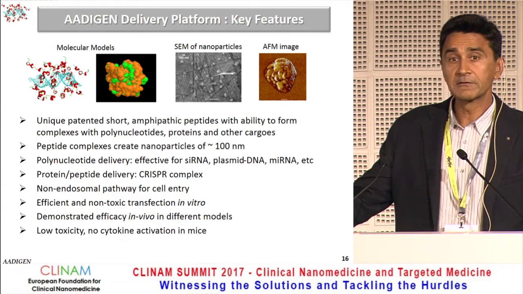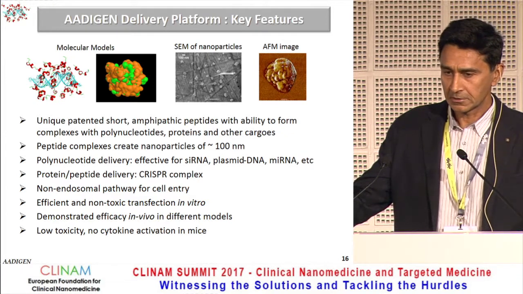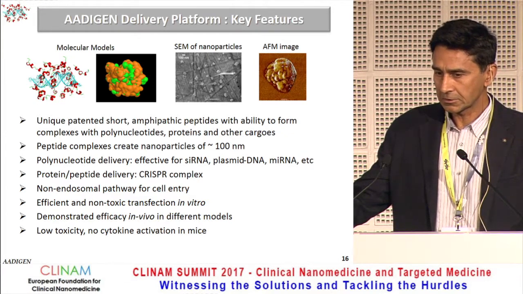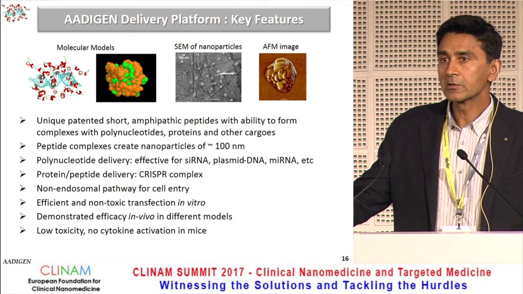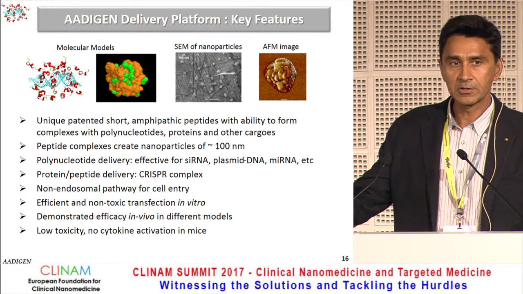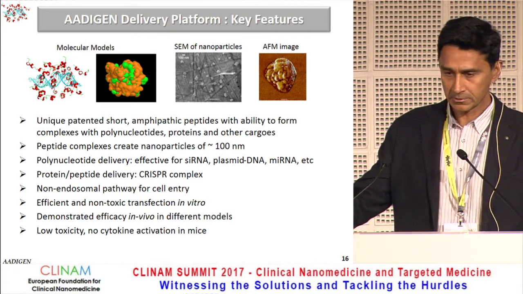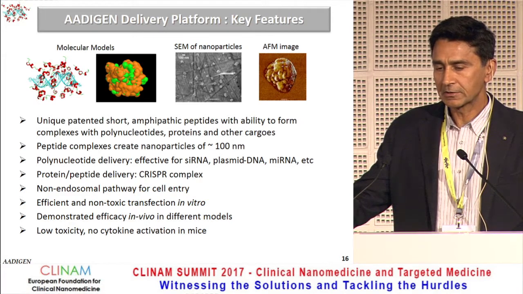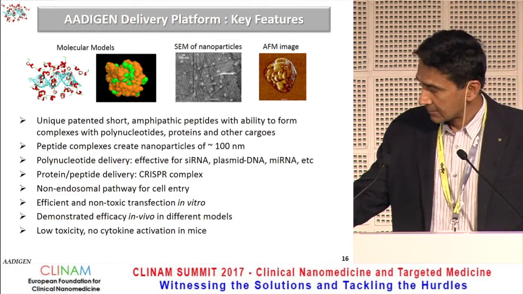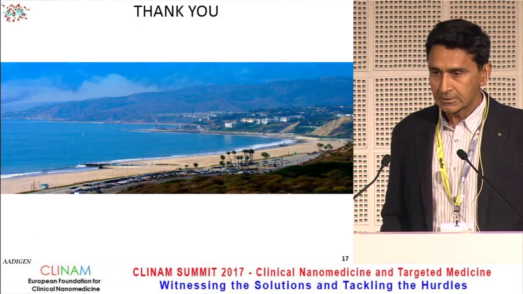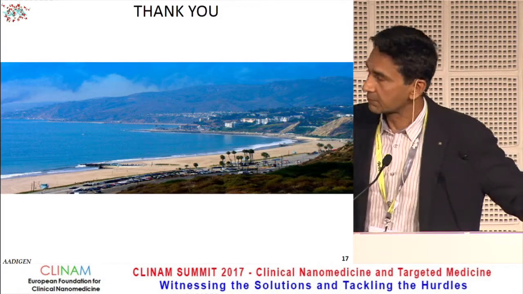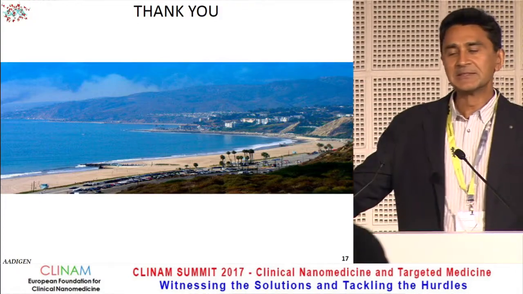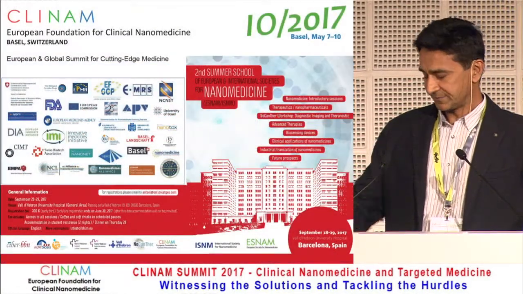And we can also deliver proteins, which we didn't talk about here, but we'll talk about a little bit in the next talk. It's a non-endosomal pathway of entry to the cell, which is important, so there's no endosomal entrapment. And it's an efficient and relatively non-toxic process. So I think I will end there, and that's Pacific Palisades in California. Thank you.